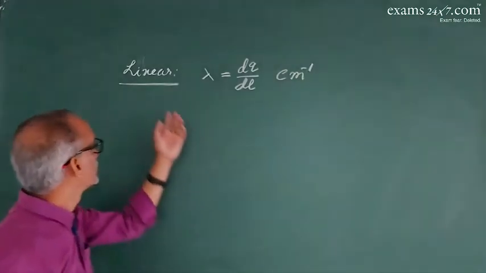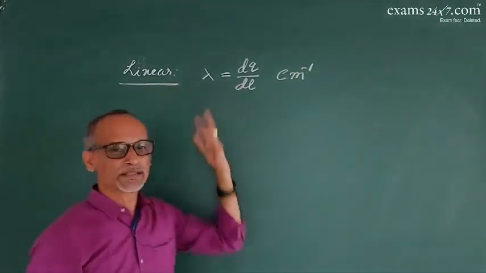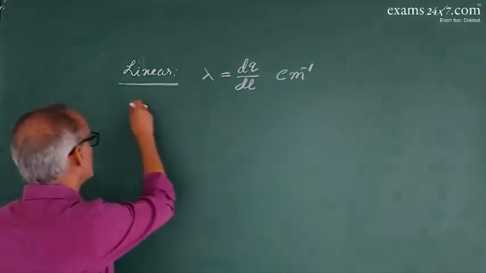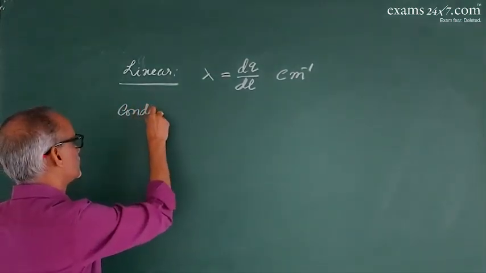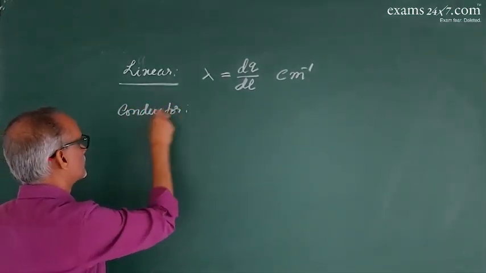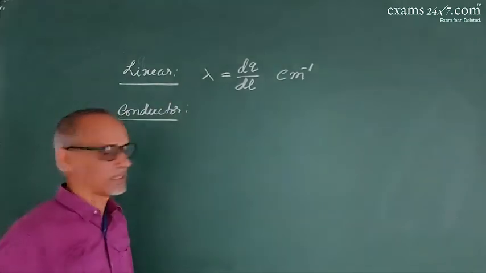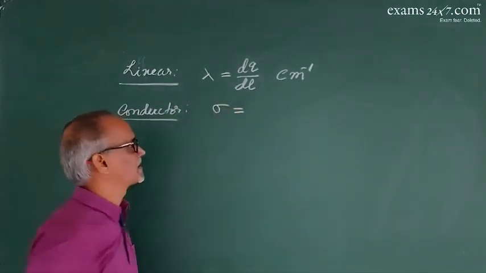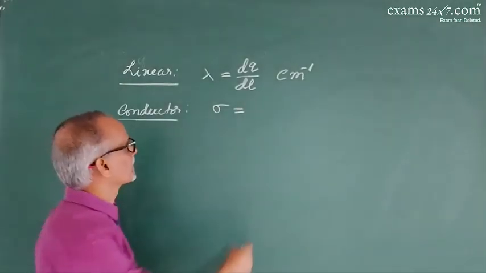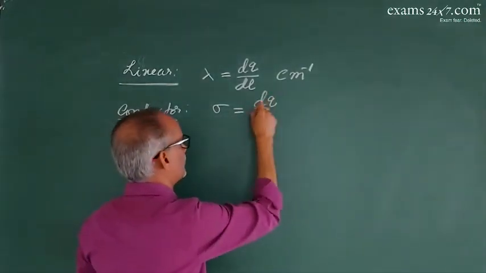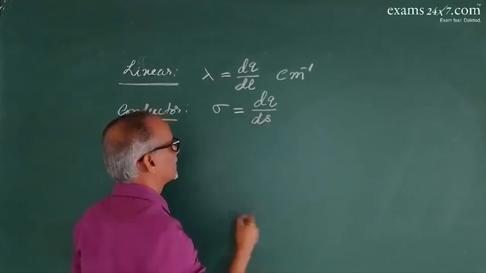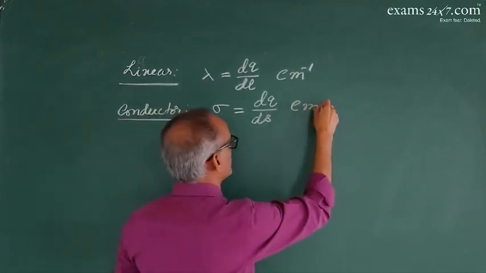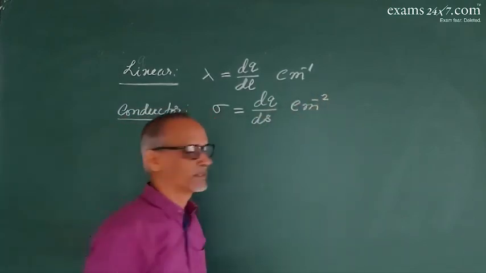In the case of a conductor of any shape, we measure the surface density of charge, which is sigma, the charge per unit area, and the unit is coulomb per meter square.